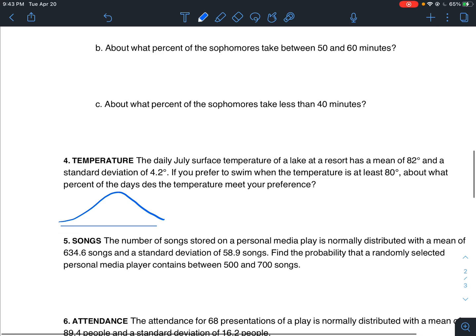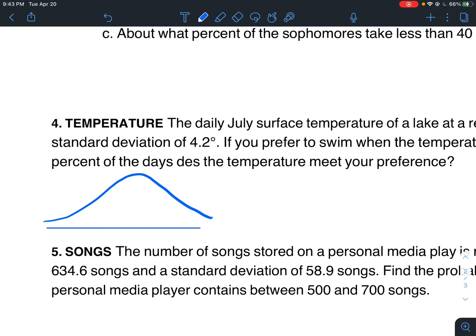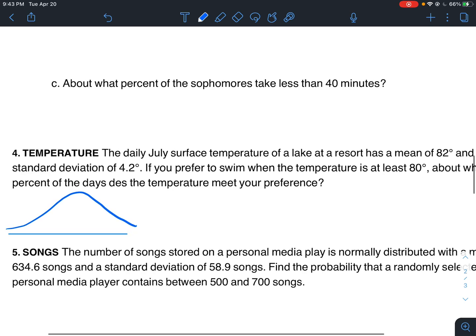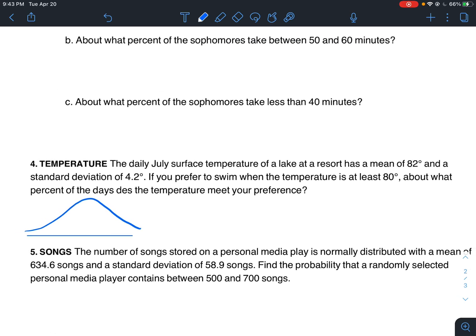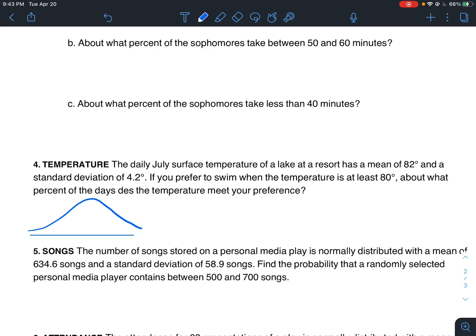So the daily July surface temperature of a lake at a resort has a mean of 82 degrees and a standard deviation of 4.2. Now I want to find 80 degrees. The mean is at 82 on this curve, but 0 on the standard normal curve.